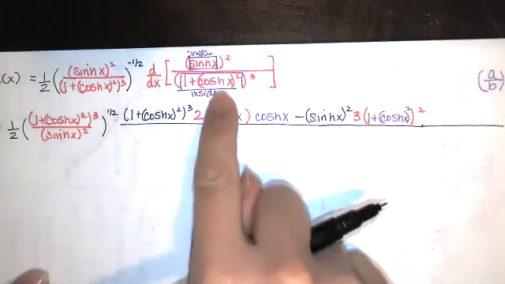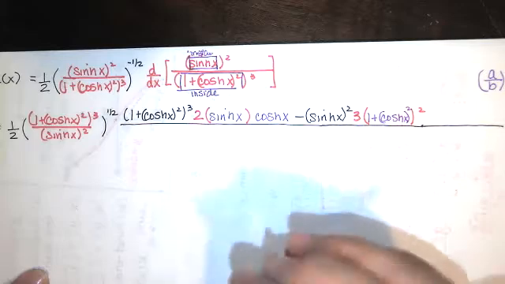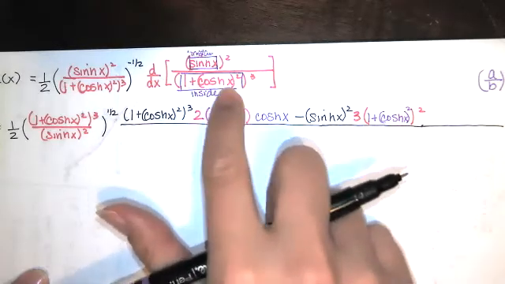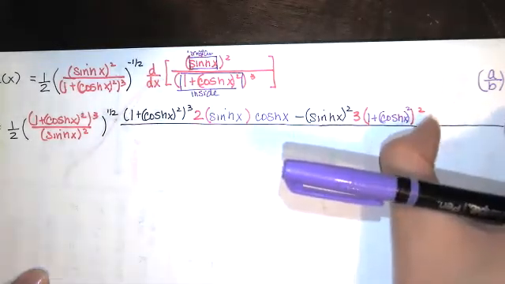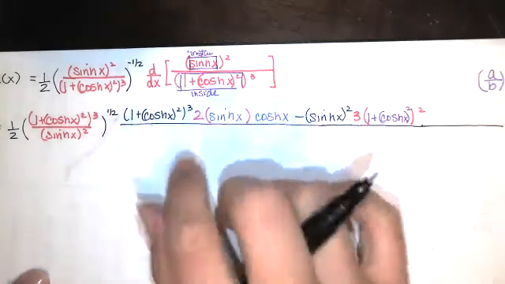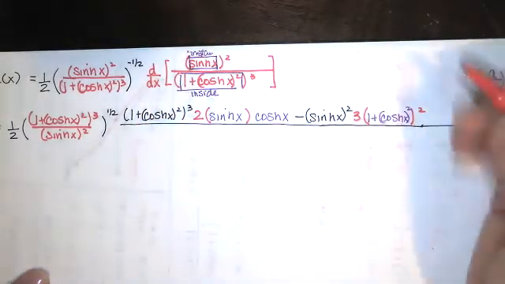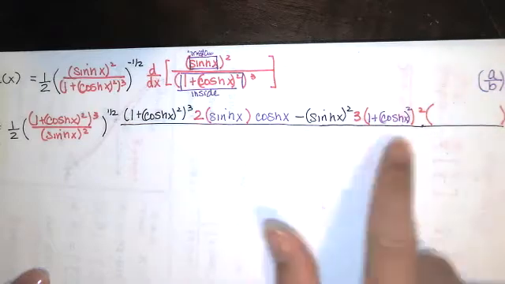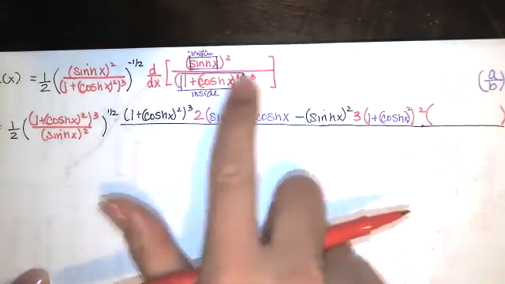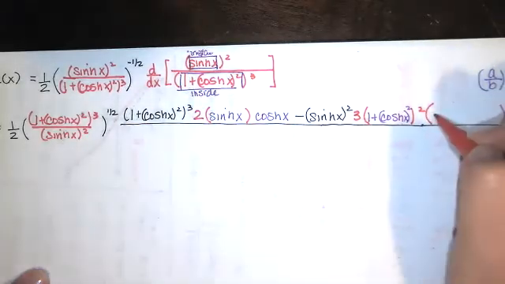Now this is a sum. The derivative of the sum is the sum of the derivatives. So you just take the derivative of this piece, and then you add the derivative of this piece. And all of that is a factor multiplying this. So you're not taking this and multiplying by 0, although it's tempting. You're taking this and you're multiplying it by the derivative of this whole thing. The derivative of 1 is 0.